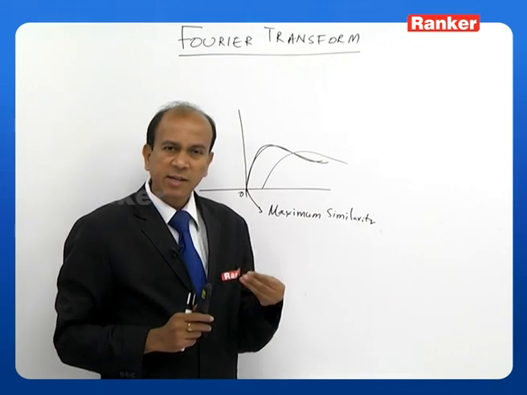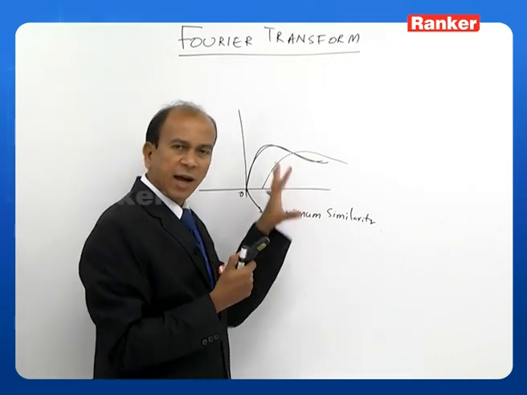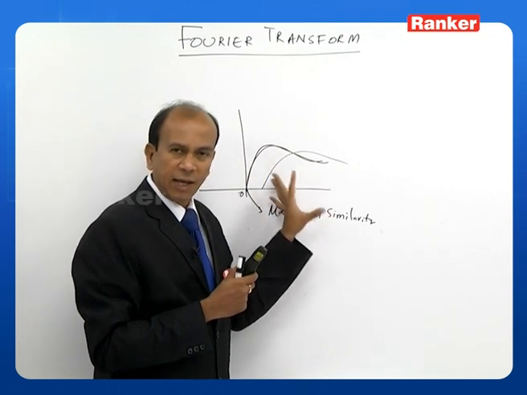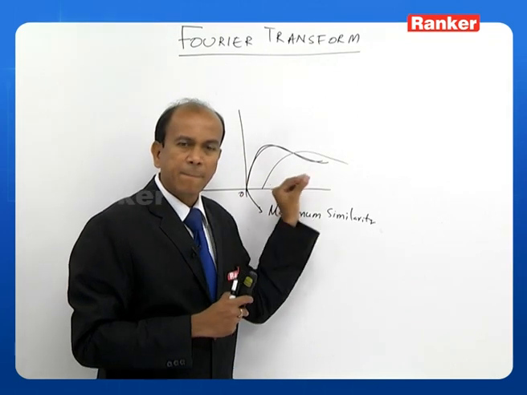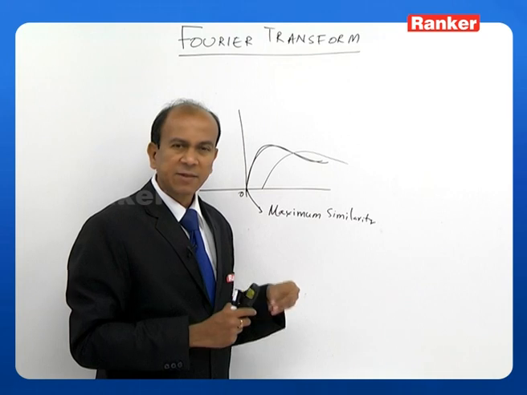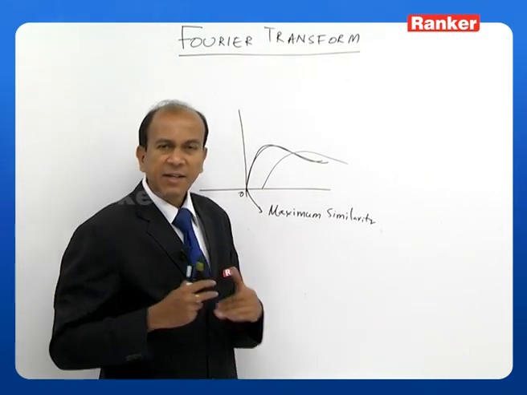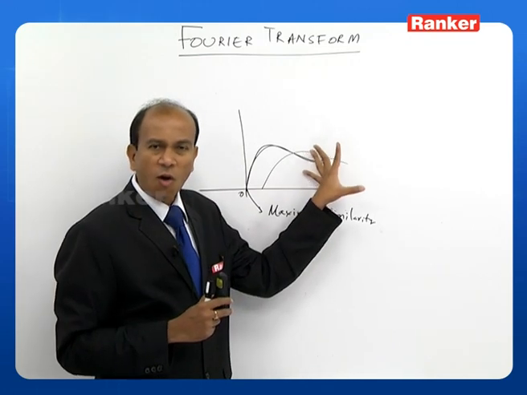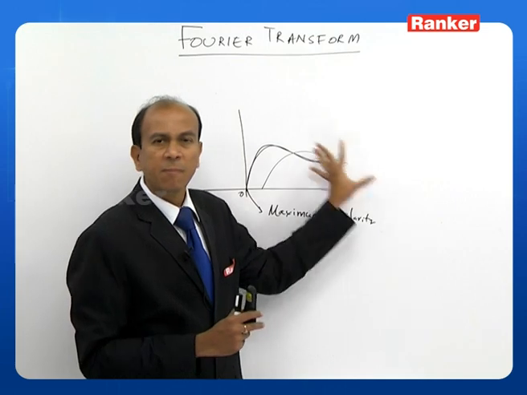Any value that is different from this value will always be less than the value at tau equal to 0. The autocorrelation function will have a maximum value at the origin. When I say a maximum value, it means it will have the maximum similarity between the signal and its delayed version. So, Rg of 0, that is tau equal to 0, will have the maximum value.